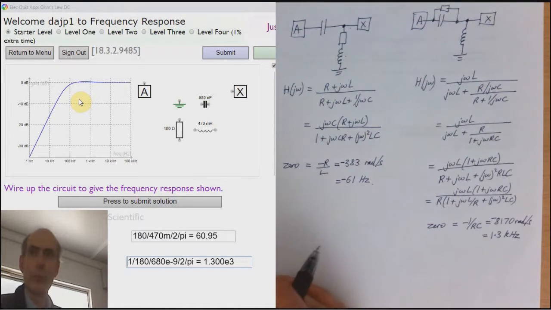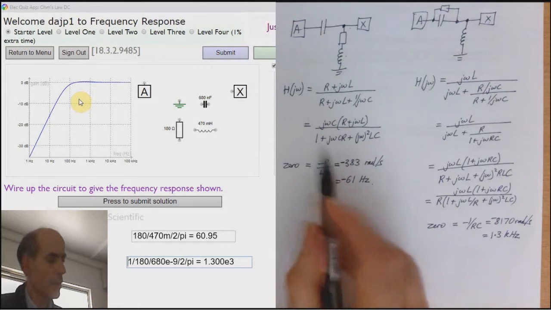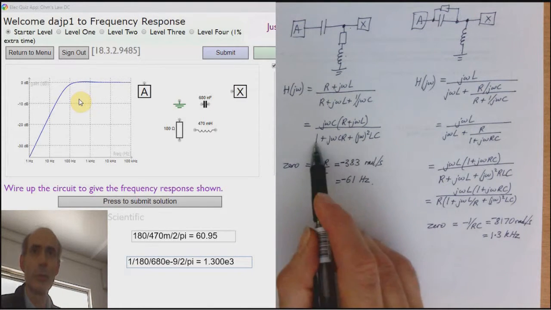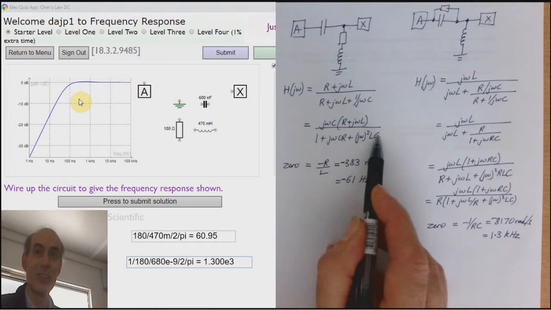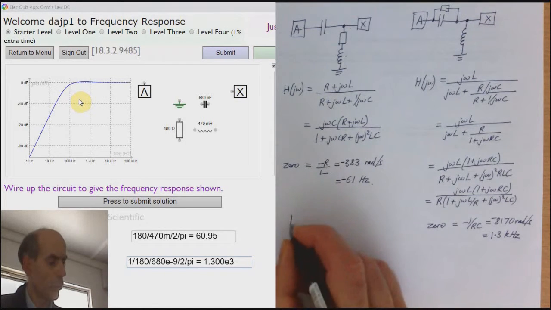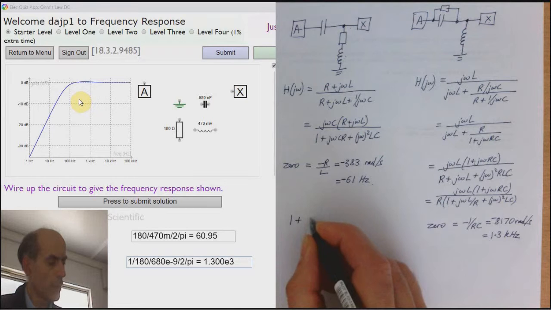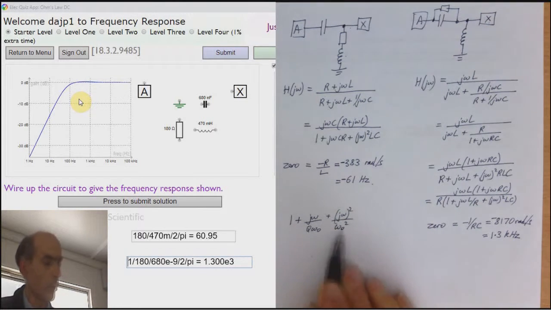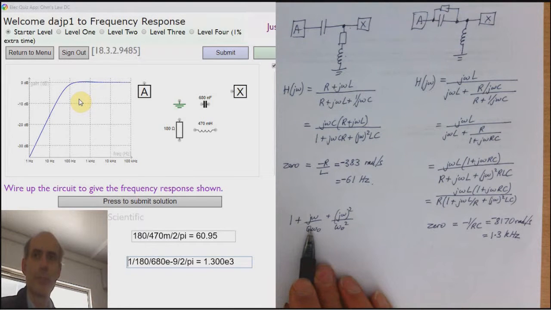Where are the poles? Right, well, the standard form for a second order response in terms of the poles, its denominator, is to write it in the form 1 plus j omega over Q omega naught plus j omega squared over omega naught squared, where omega naught is the resonant frequency and Q is the Q factor.